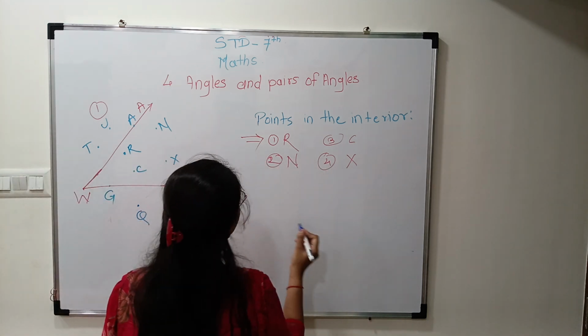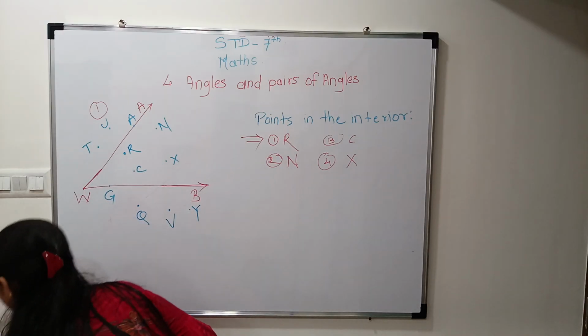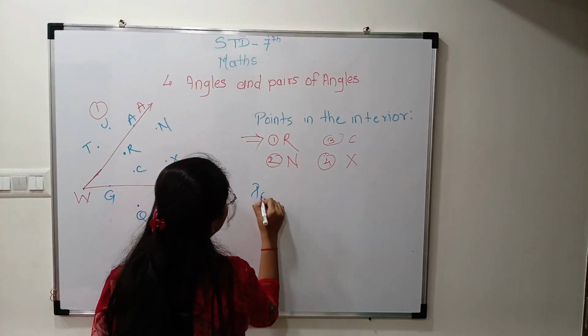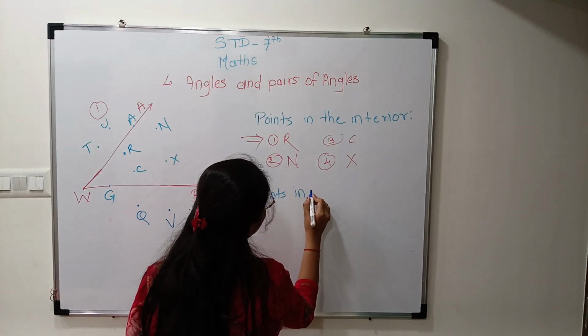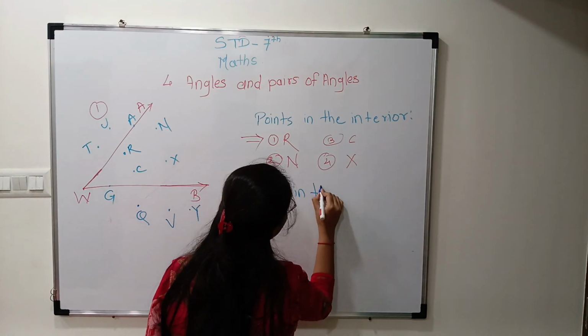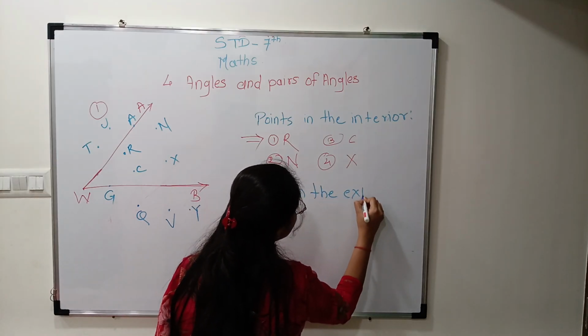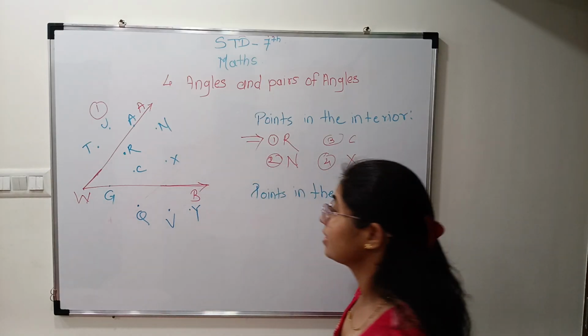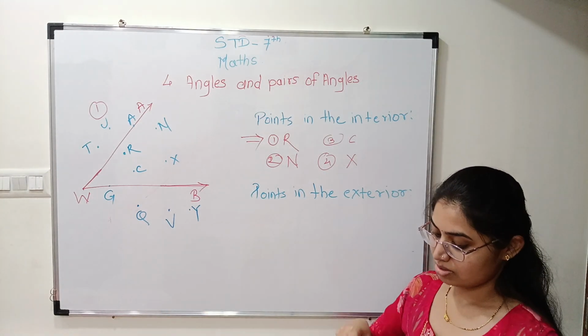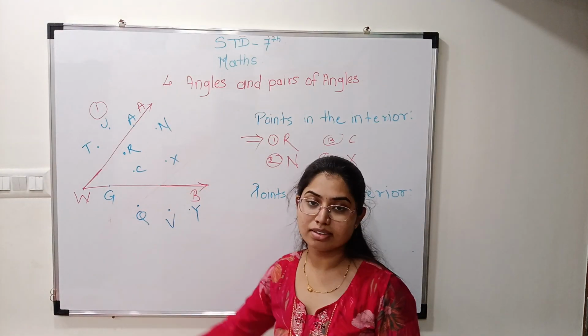Now second one. Points in the exterior. Exterior means space outside an angle.